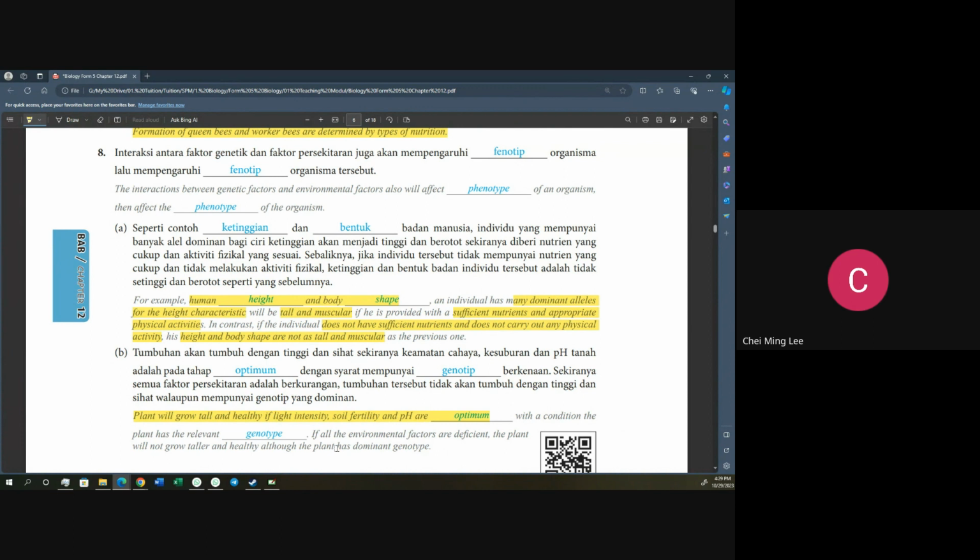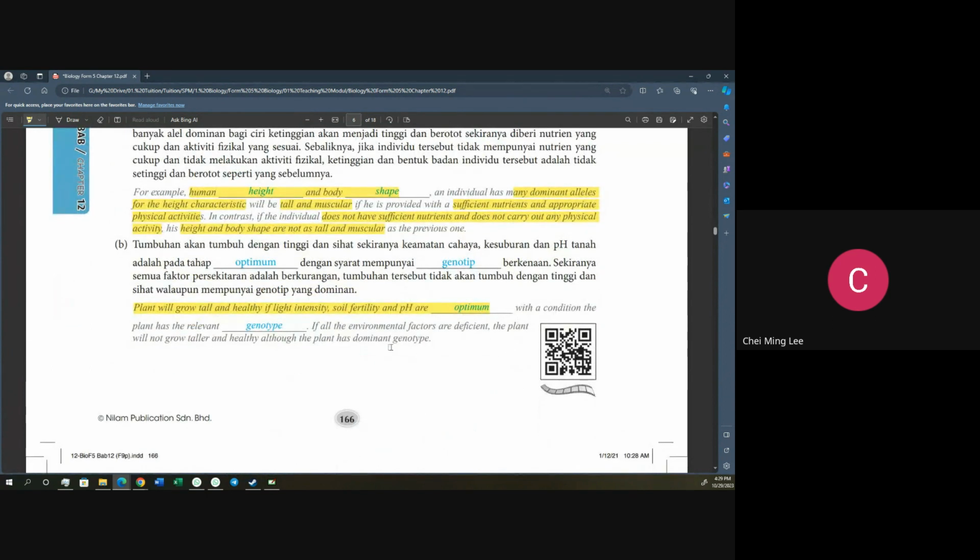It means that as long as the plant comes from very good quality male and female parents, it should be able to grow tall and healthy as long as the light intensity, soil fertility, and pH are optimum. So if the environmental factors are deficient, the plant will not grow tall and healthy, although the plant has a dominant genotype.